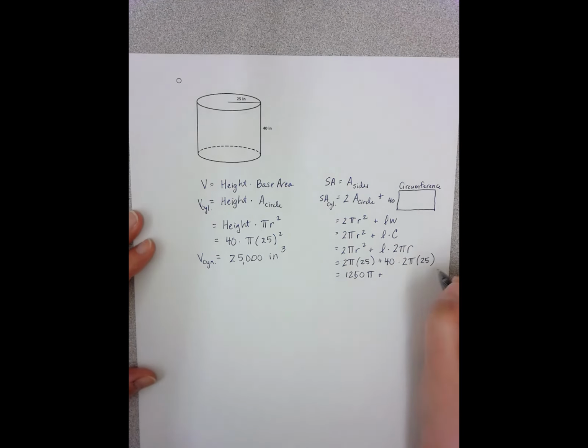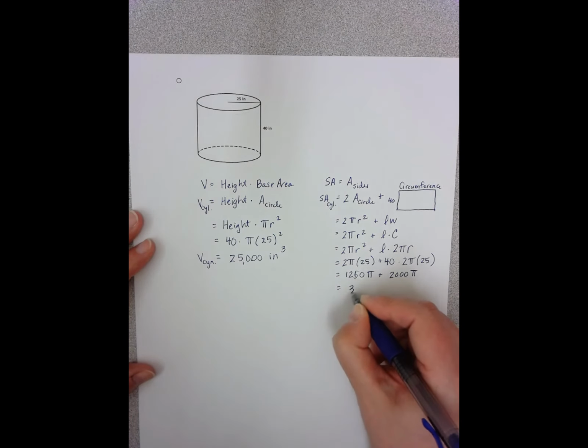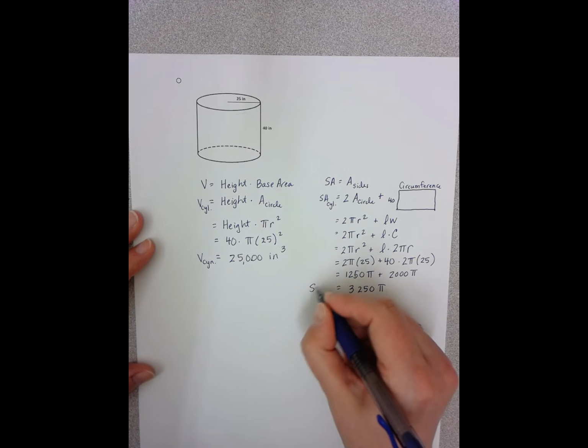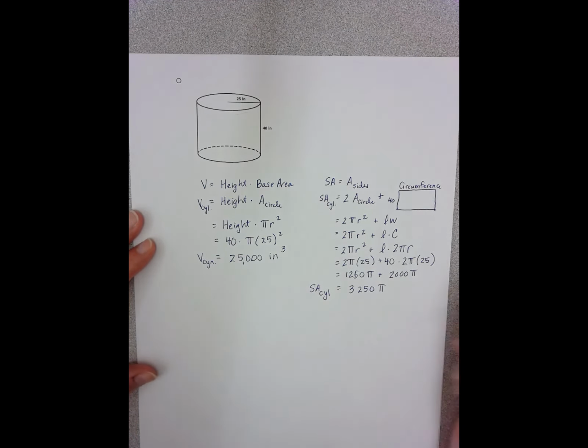And the second portion here, 40 times 2 times 25, is 2,000 pi. Adding those together, I get 3,250 pi. So my surface area of a cylinder is 3,250 pi inches squared.